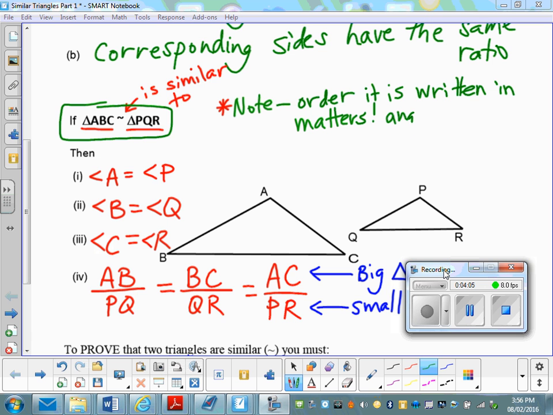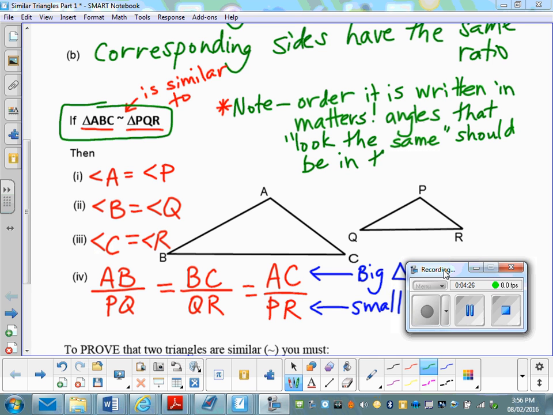The angles that look the same in the two triangles, so basically the angles that are equal to each other, should be in the same position. Oops, not forget my E there. Same position.